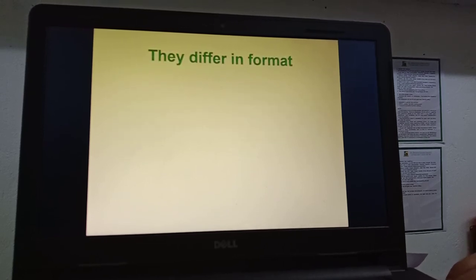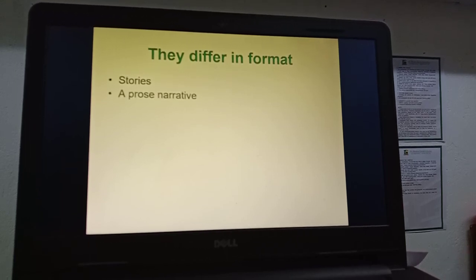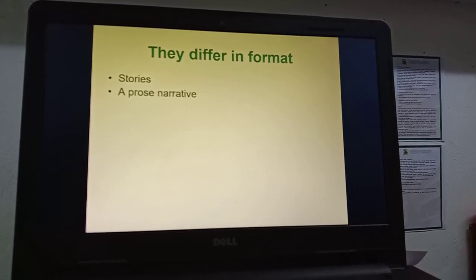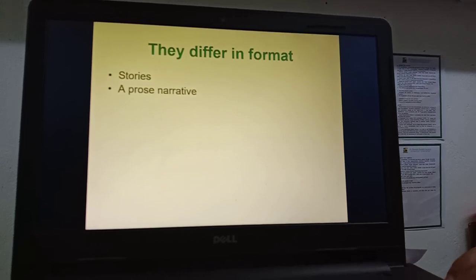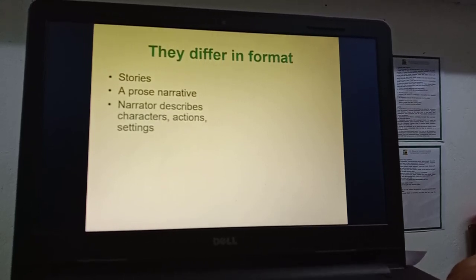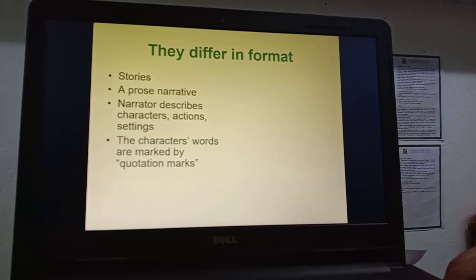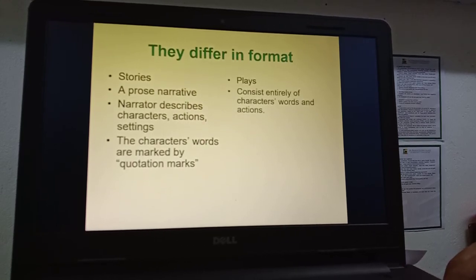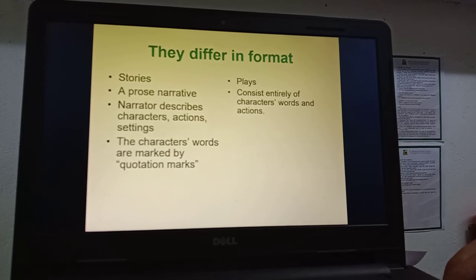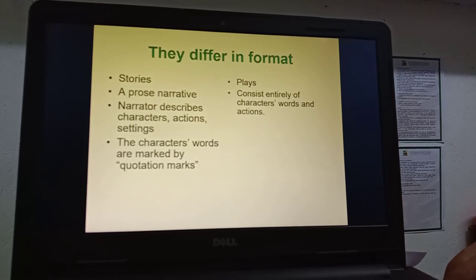They differ in format. The story is a prose narrative, mataas, mahaba. A narrator describes characters, actions, and settings. The characters' words are marked by quotation marks. Plays consist entirely of characters' words and actions.